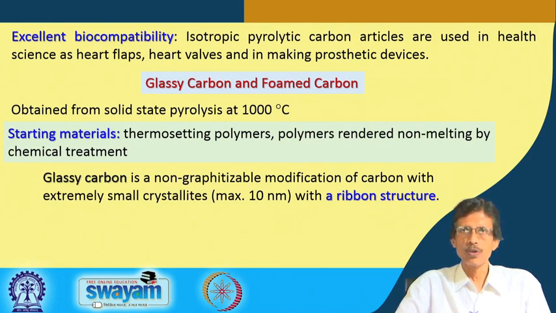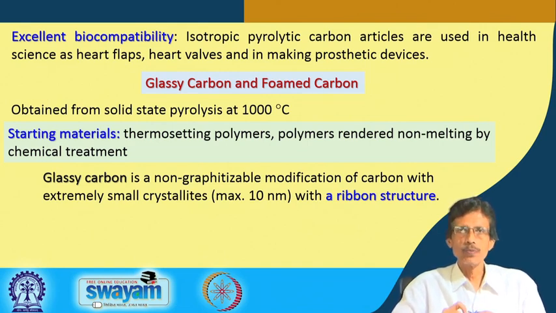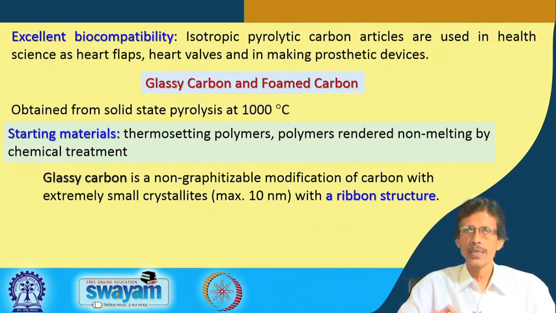So, it is a different procedure for getting your glassy carbon. The form we are getting has small crystallites. So, it is basically very small particles, and the positioning of those particles is not that of your graphite type, giving you the glassy form.